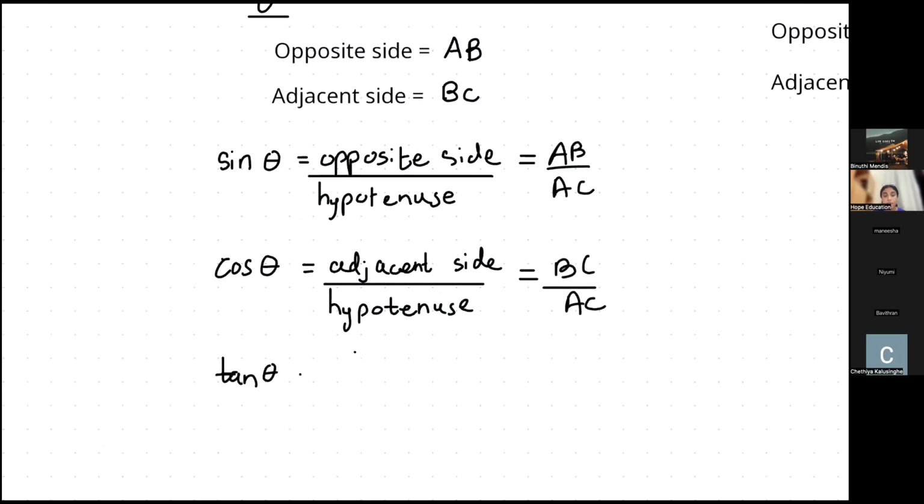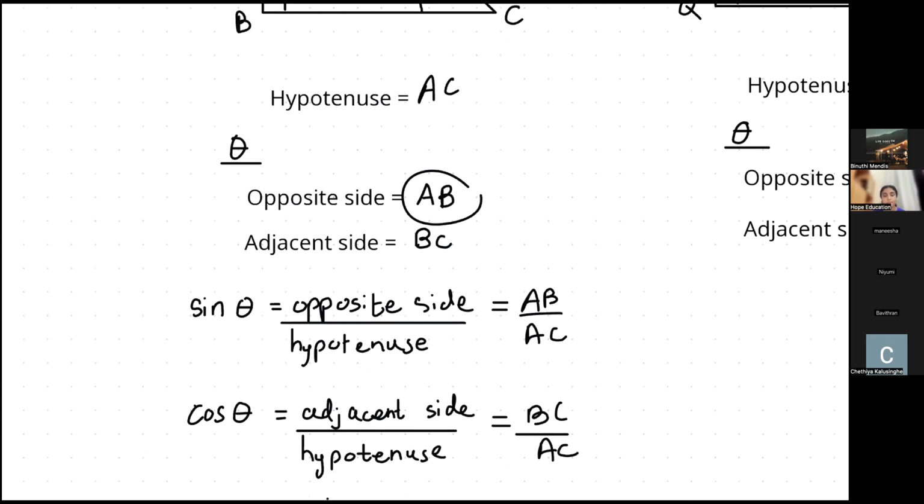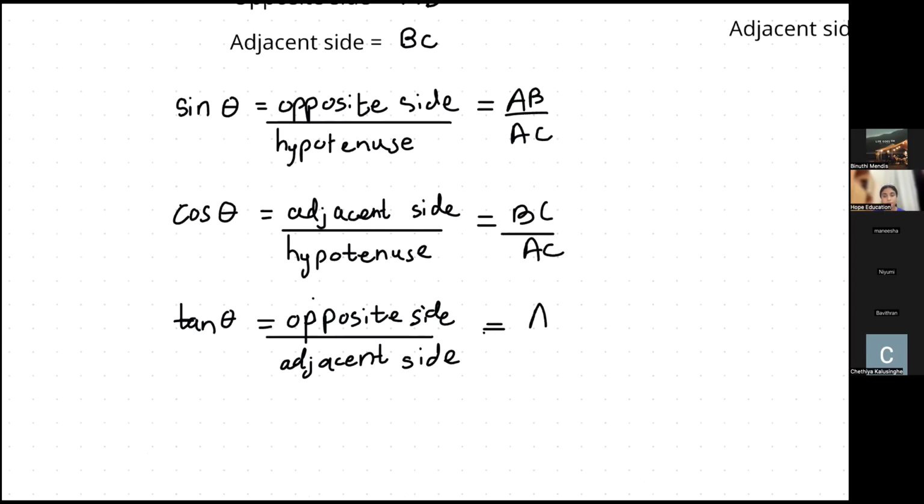Tan theta is opposite side divided by adjacent side. So the opposite side is AB, adjacent side is BC. These are the three ratios.